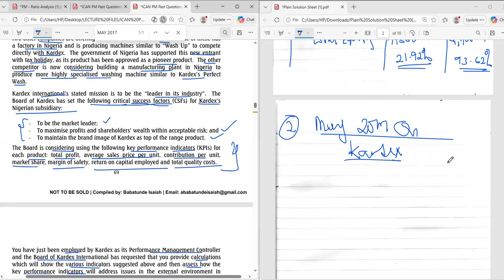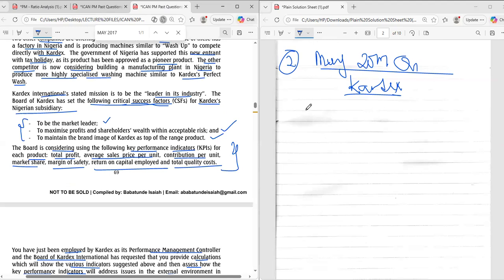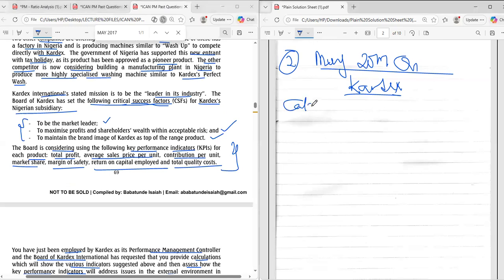What's the first KPI there? So, calculation of KPIs. Number one will be what? Total profits. Total profit.